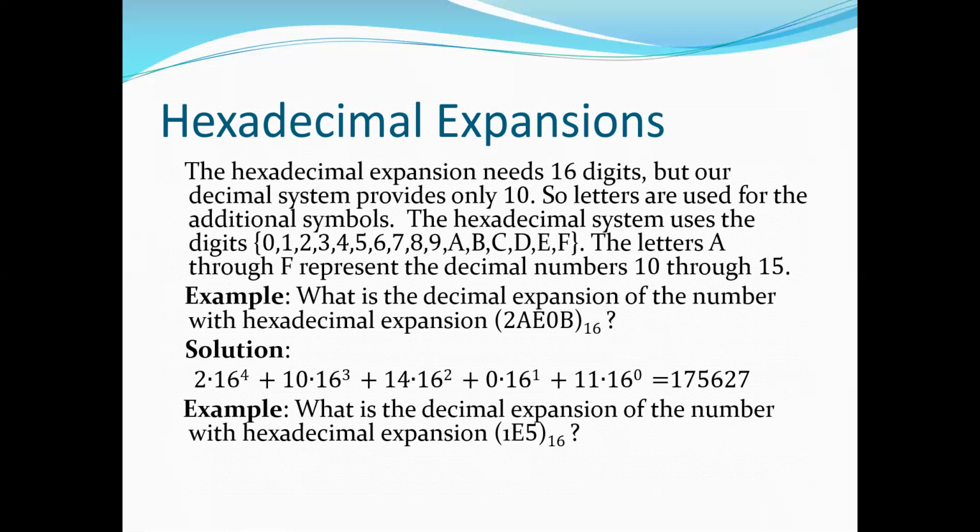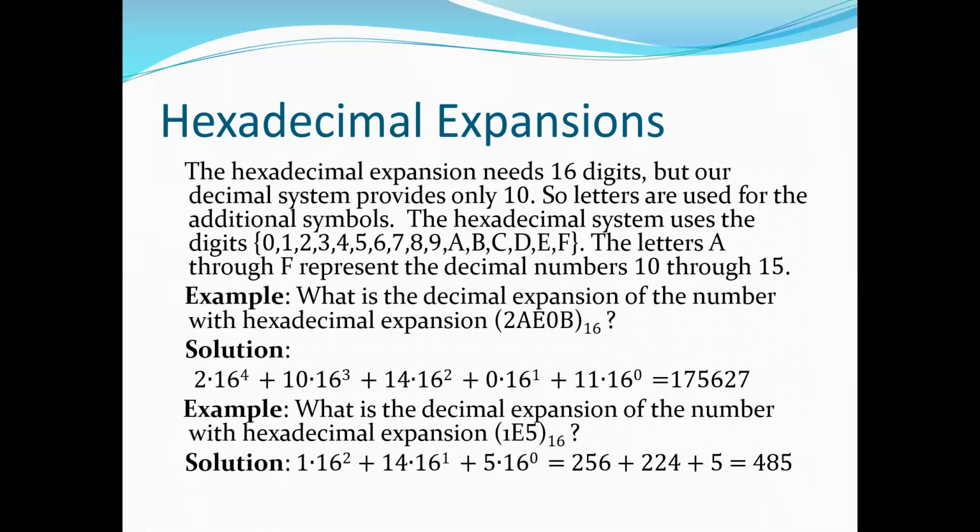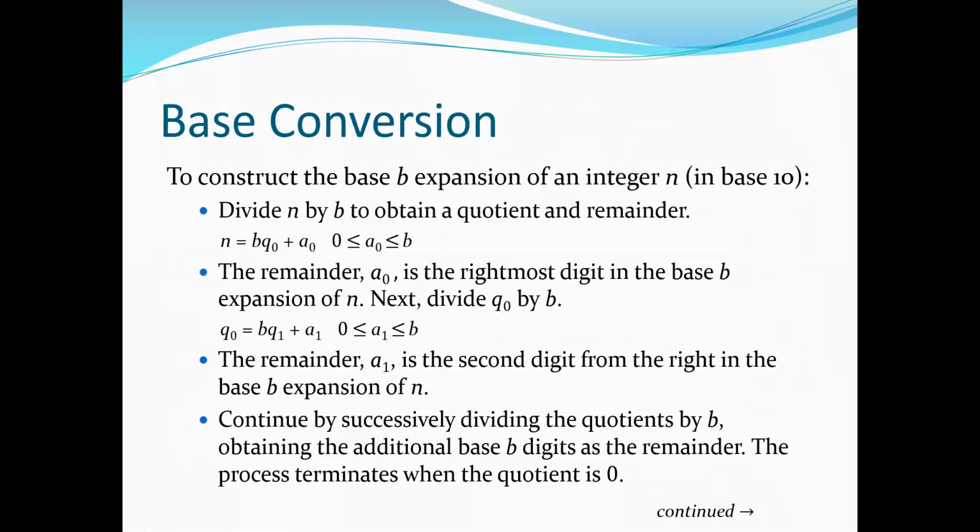After multiplying, get the sum, and that's the equivalent. And for 1E5, this is the equation and this is the solution. Again, E is 14. Multiply each positional value by its corresponding digit, and then get the sum. That will be the equivalent in decimal. So that's the rule from any base to decimal.